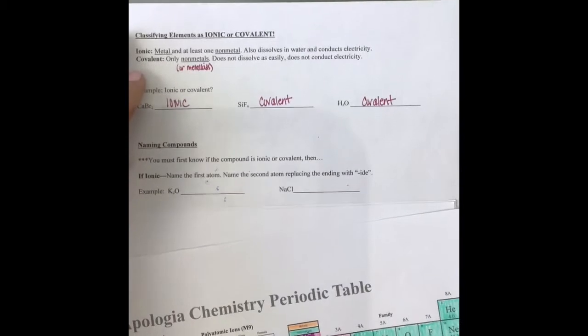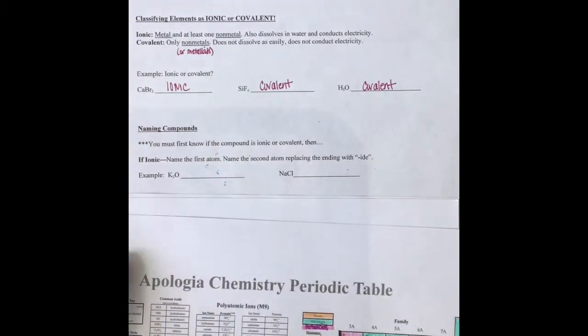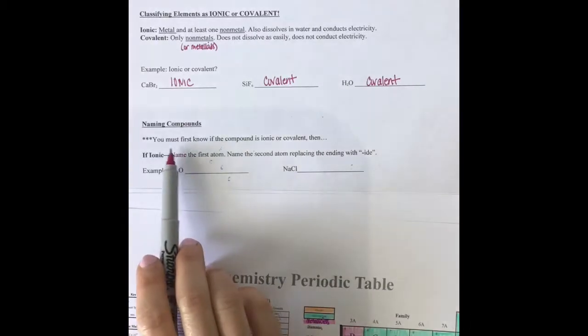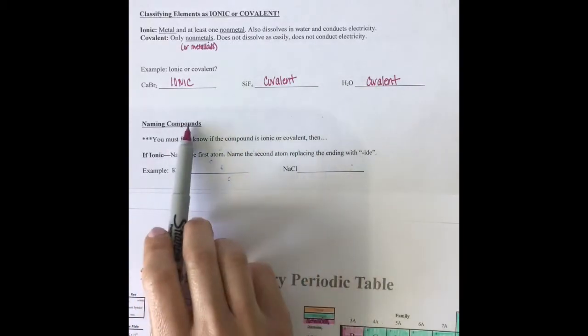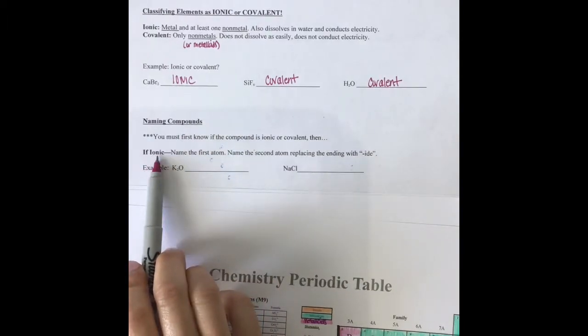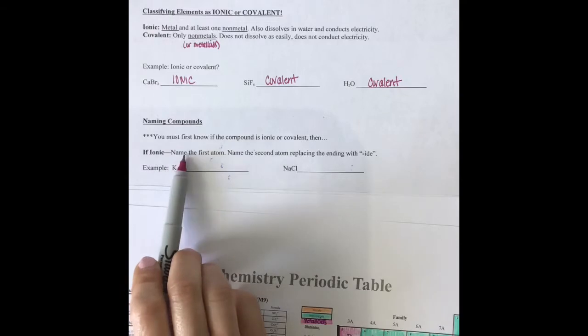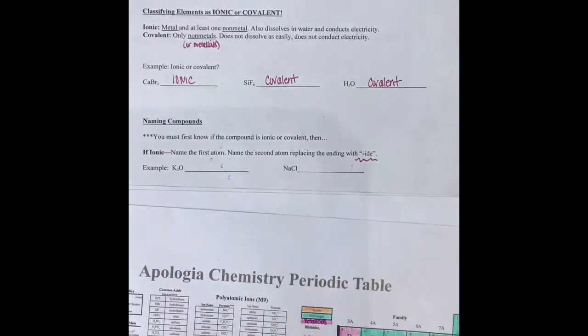Okay. So now we're going to learn how you assign names to these. But the first thing you have to really know is if it's ionic or covalent. So that's why we reviewed this part. If you decide something is ionic, you are going to name the first atom, and then you're going to add "ide" to the end.